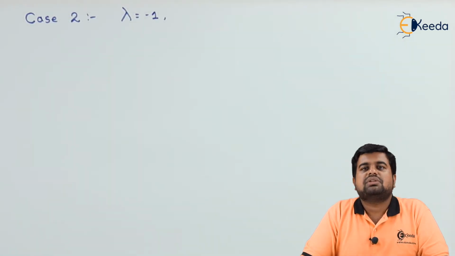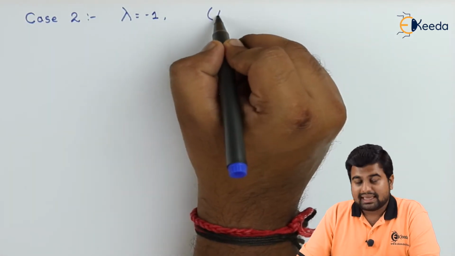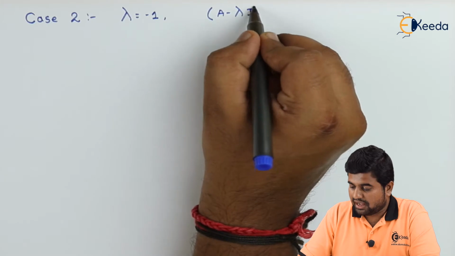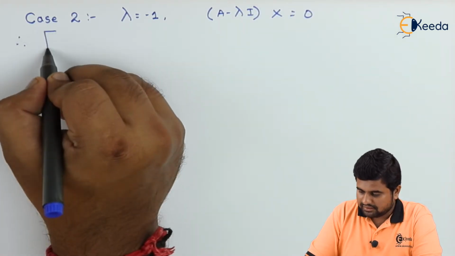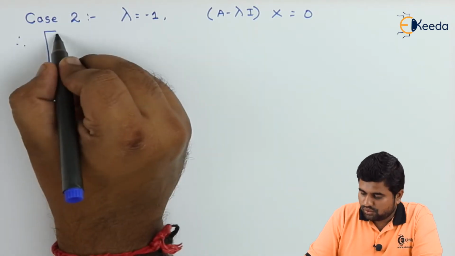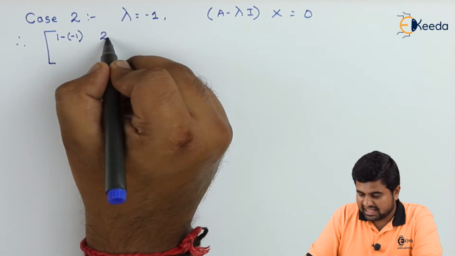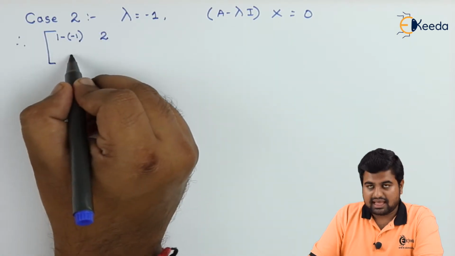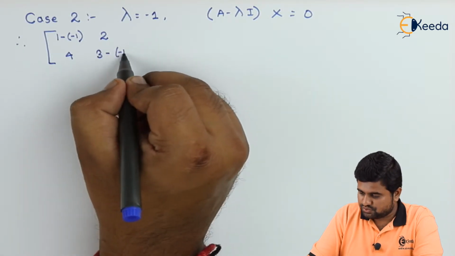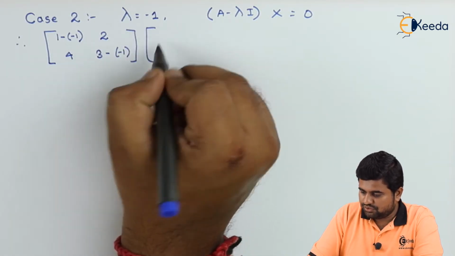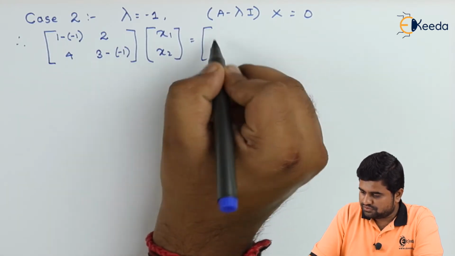Now for case 2, lambda is equal to minus 1, we have A minus lambda into I into x is equal to 0. Therefore I have 1 minus minus 1, second element as it is, third element as it is, and fourth element as 3 minus minus 1, into x1 x2 is equal to 0 comma 0.